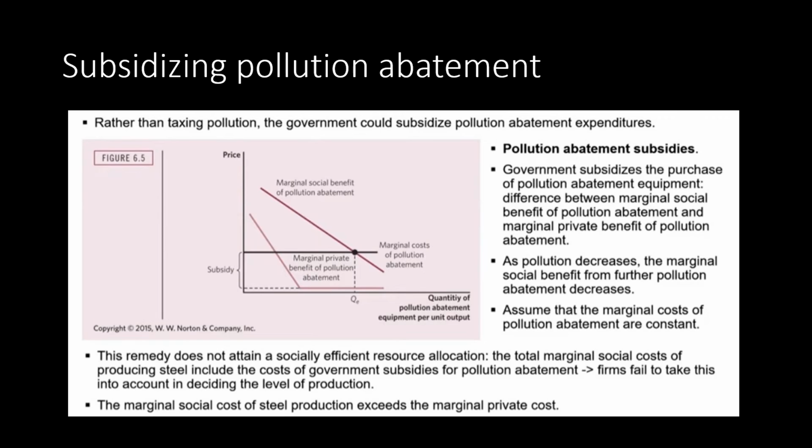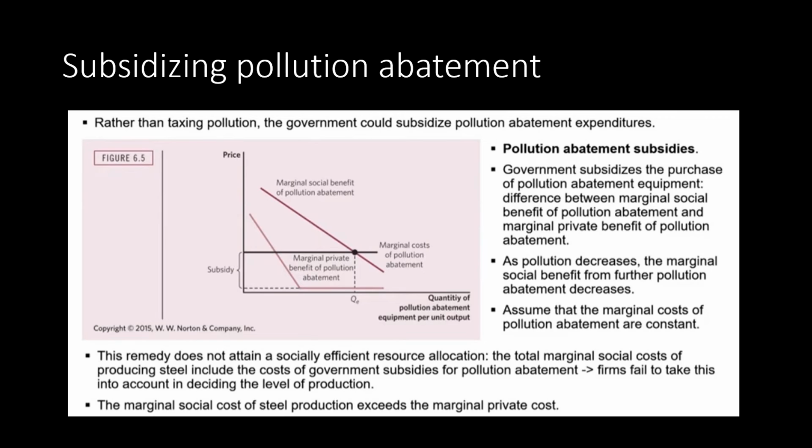This remedy does not attain a socially efficient resource allocation. The total marginal social costs of producing steel include the cost of government subsidies for pollution abatement. Firms fail to take this into account in deciding the level of production.